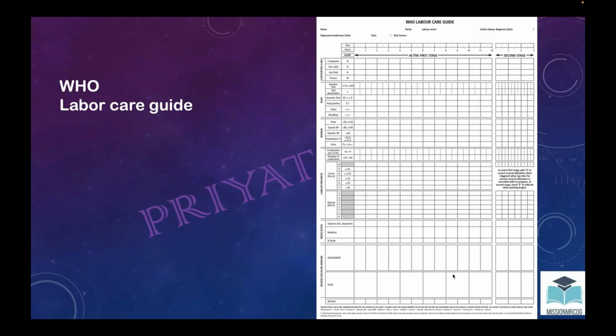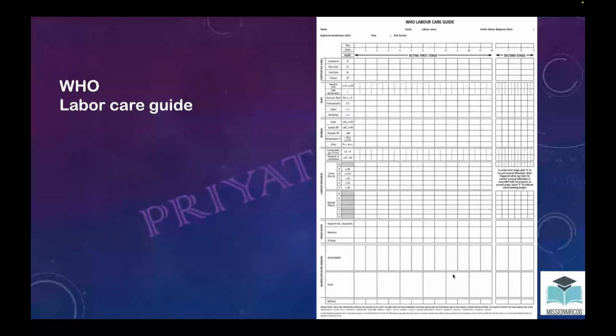And if the membrane is ruptured, if the woman knows at what time and what date it was ruptured, we'll put it there. If it's unknown, then we will put that there. And if there is any risk factor for this woman, like any preeclampsia or any diabetes, we'll put it in the risk factor column.